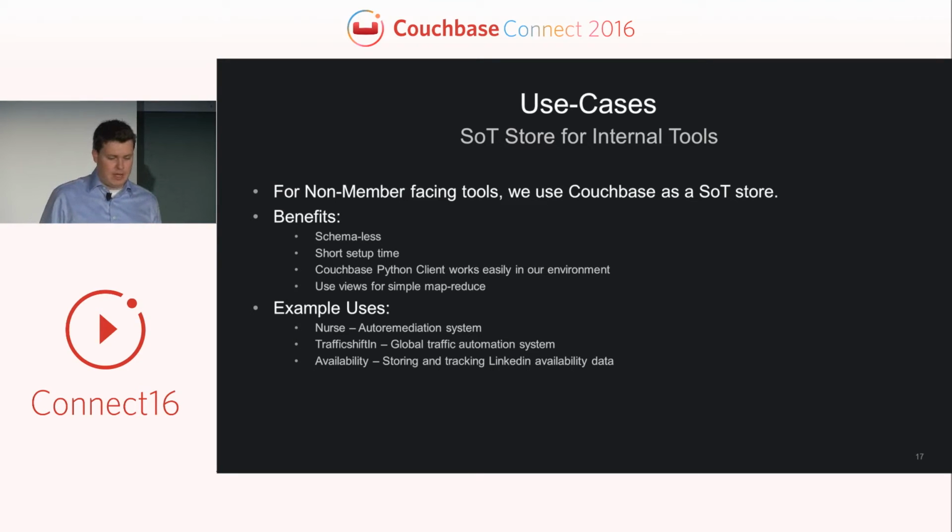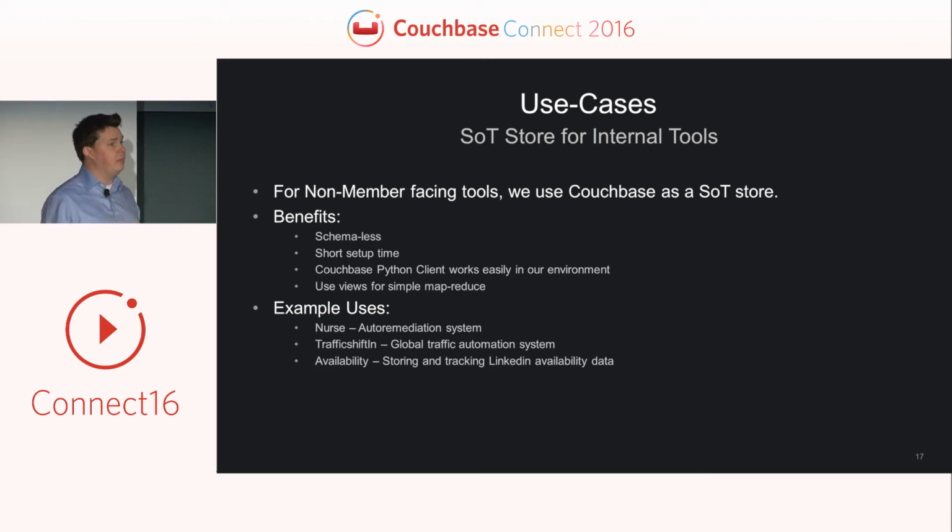Traffic Shift is a tool I wrote, and it is a global traffic automation system at LinkedIn. The traffic shift APIs are hit by a number of different systems within LinkedIn to check how our traffic is distributed across our data centers. Our alerting system heavily uses this to work out whether we should suppress alerts or not.